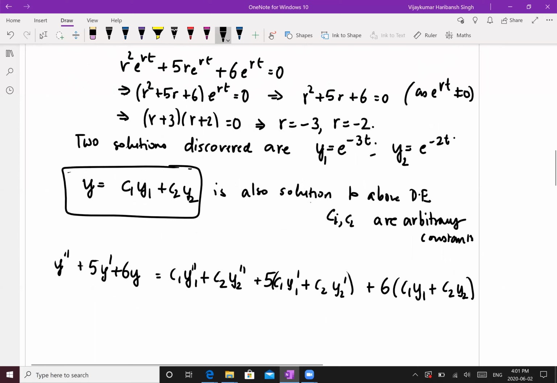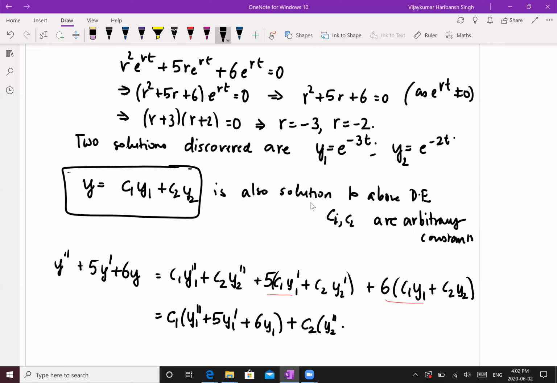Now I'm going to organize it in a way that I collect all the y1s and y2s separately and their primes. So the first one can be seen as c1 times y1 double prime plus 5 y1 prime plus 6 y1, plus c2 times y2 double prime plus 5 y2 prime plus 6 y2.